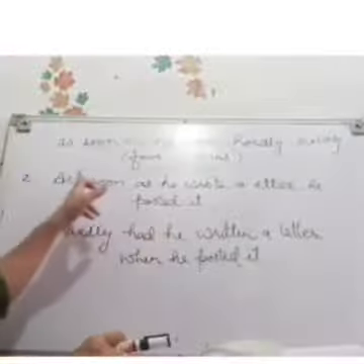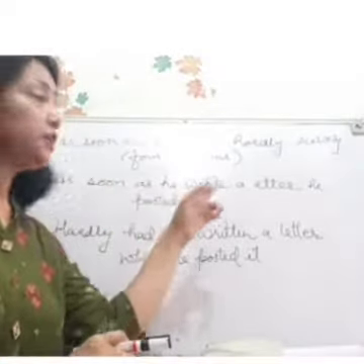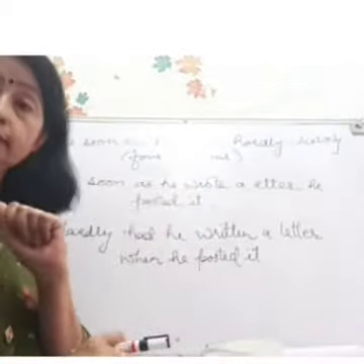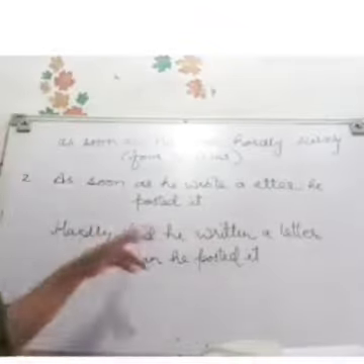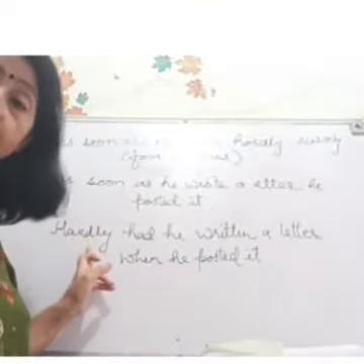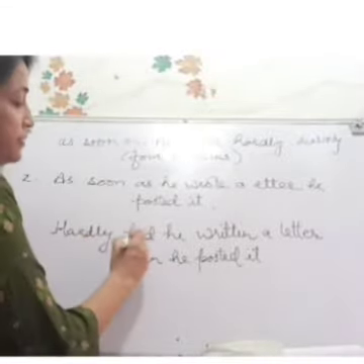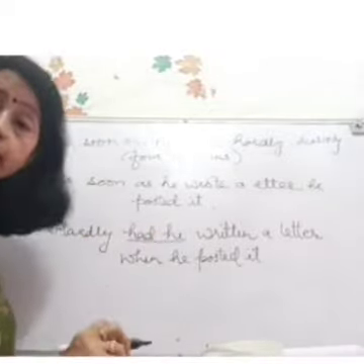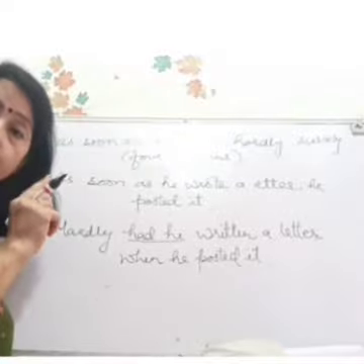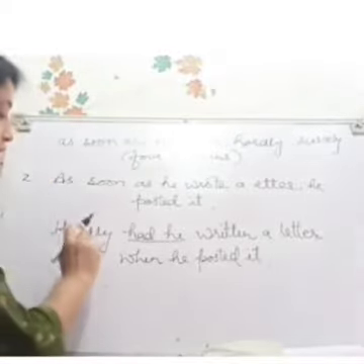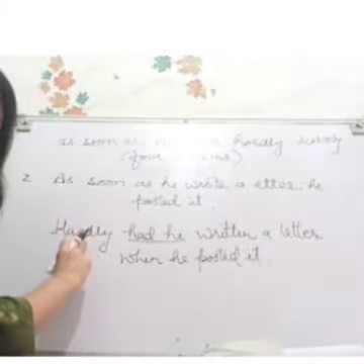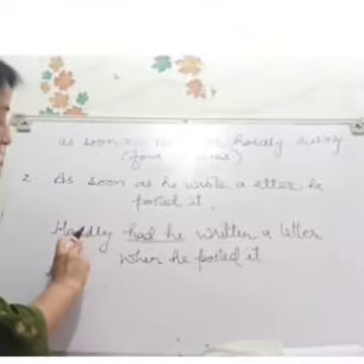Now, "As soon as he wrote a letter, he posted it." Clear? Now start with hardly. "Hardly had he..." Now this will remain the same as we did with no sooner, the same rule. In place of no sooner we have used hardly.